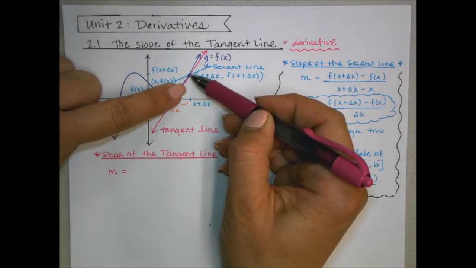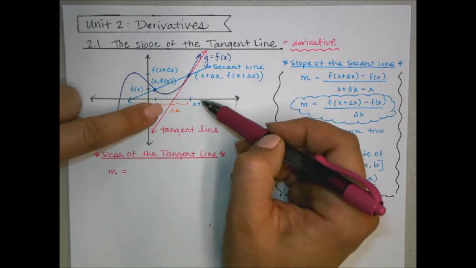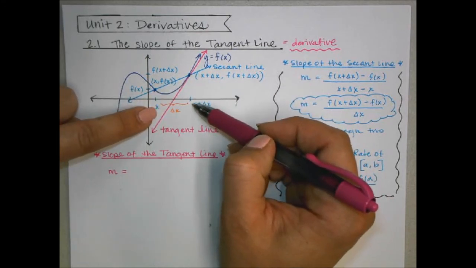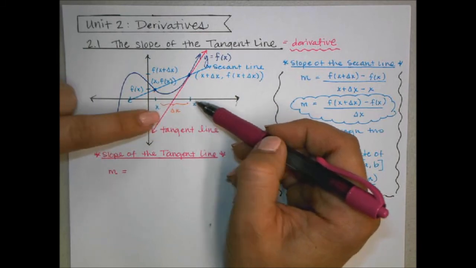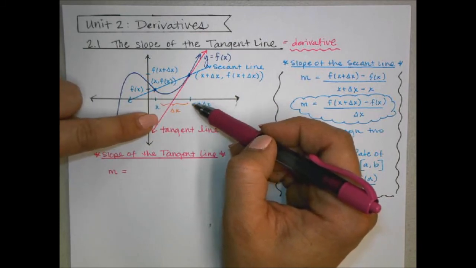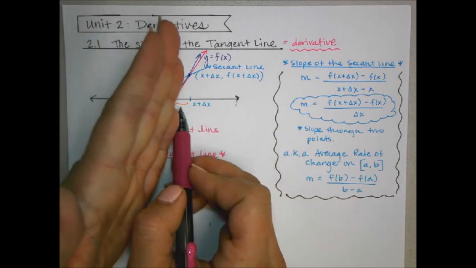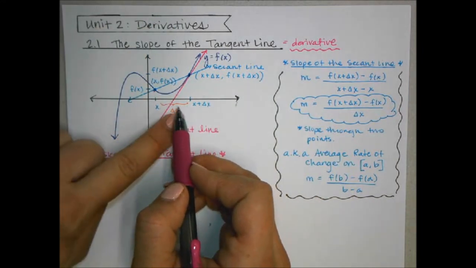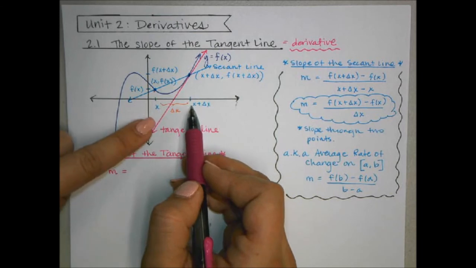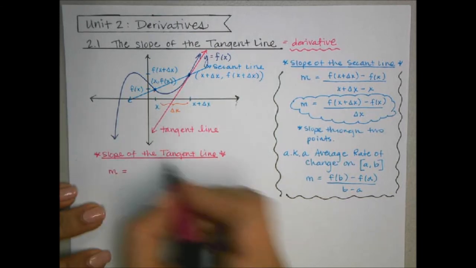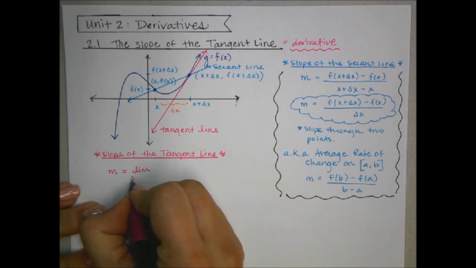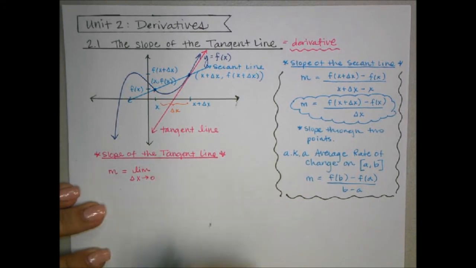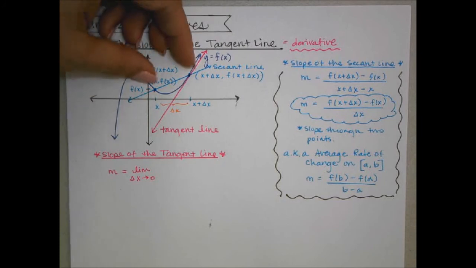And what happened was at that same time, our distance delta x got smaller and smaller and smaller. And we know that when something's getting smaller and smaller, the value is approaching 0. And when we talk about what something is approaching, we're talking about a limit. So this definition involves a limit as delta x approaches 0 of simply the slope of our secant line.